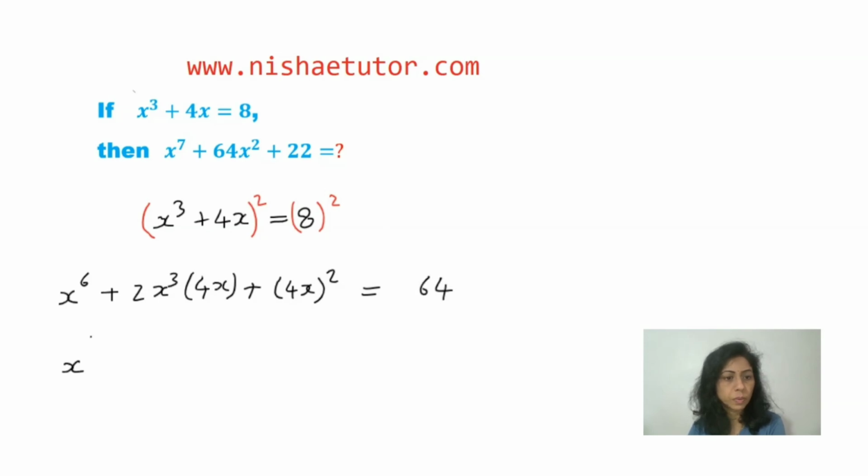So x to the power 6, 2 times 4 is 8, x to the power 4. 3 plus 1 is 4. 4 square is 16 and x square is equal to 64.